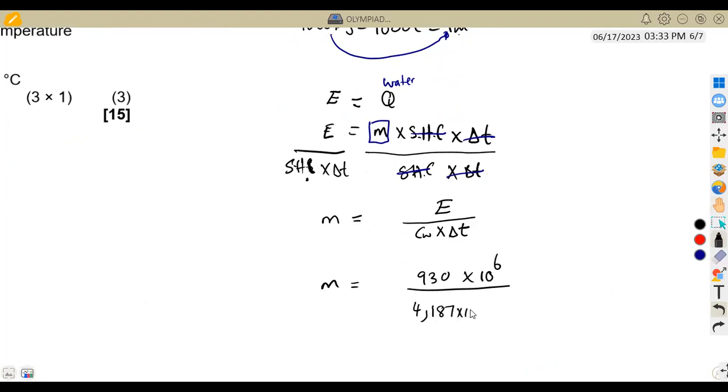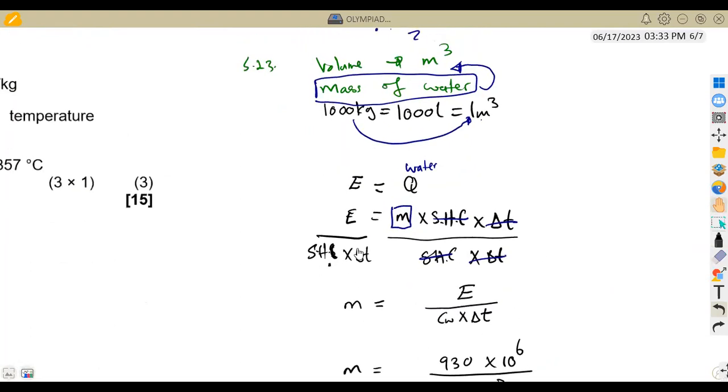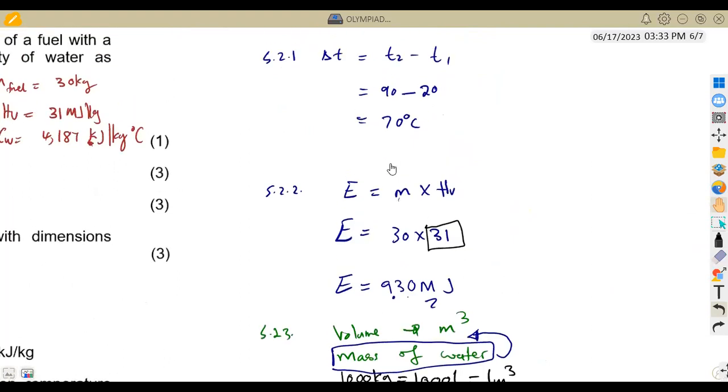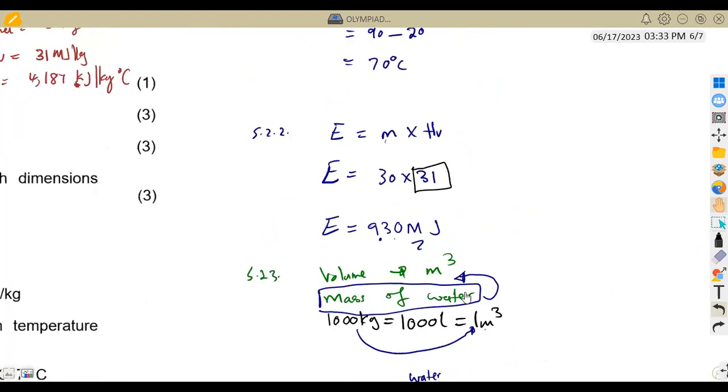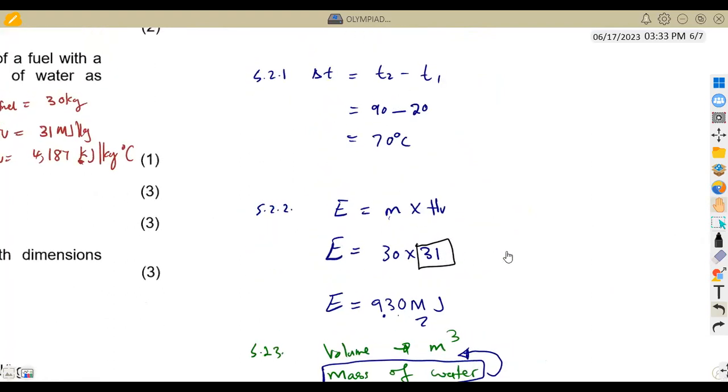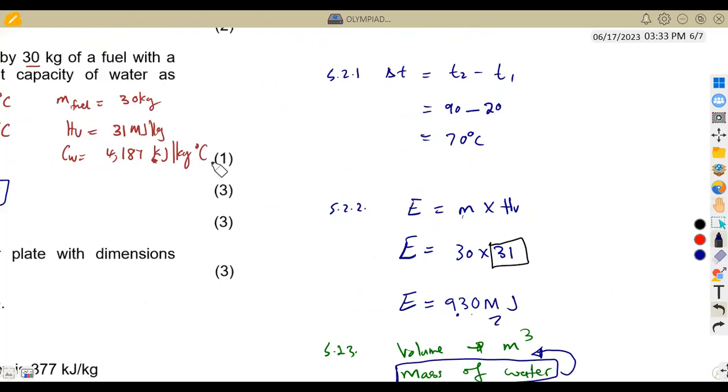So that is 4,187 times 10 to the exponent of 3 times the change in temperature, which we calculated before. Our change in temperature was 70 degrees Celsius. We use it in degrees Celsius since our specific heat capacity is given in kilojoules per kg degrees Celsius.